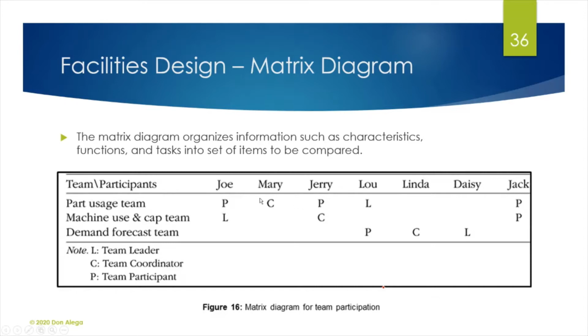Sa parts usage na to, they can give information in terms of parts usage. So hindi naman sila pwede magbigay ng information with the demand forecast team, kasi ito lang yung alam nila na information o na data. Okay po, yun yung matrix diagram.